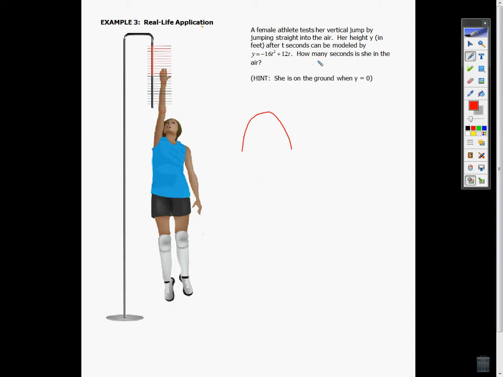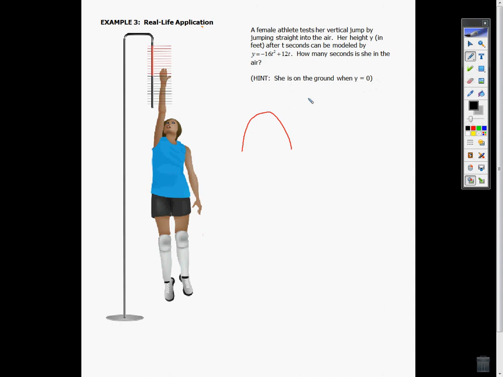And I want to know how many seconds she is in the air. So I want to know, basically, start, go in the air, and then come back down and hit the ground. And the hint here is that when she hits the ground, y equals 0. So that's important. It basically is telling me to find the solutions to the equation when y equals 0.